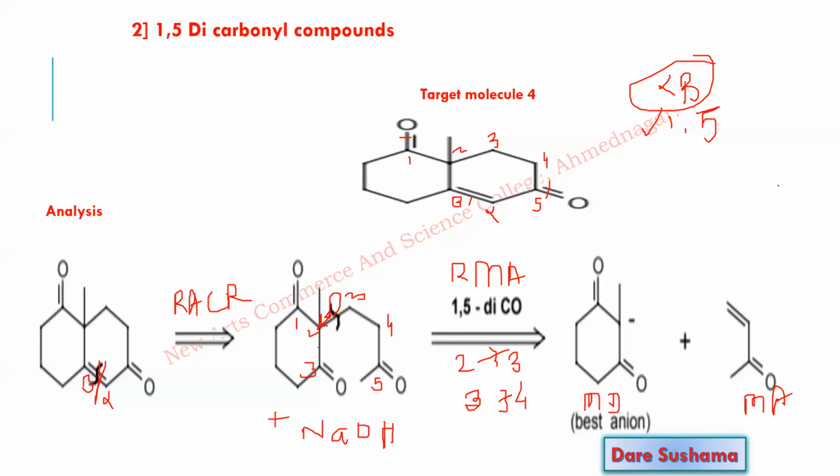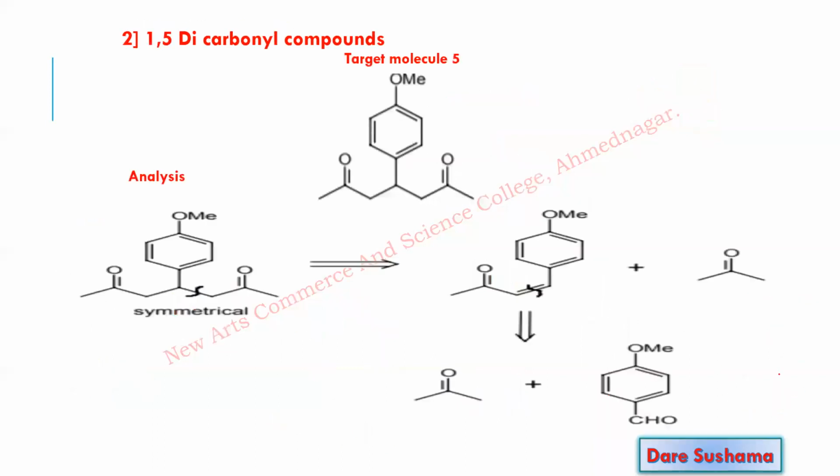Now the Michael acceptor, again you can go retro of this. So what is the retro of this? Again you go with the retro-aldol condensation reaction. You disconnect this bond. So what is this? Formaldehyde plus acetone in the presence of base.